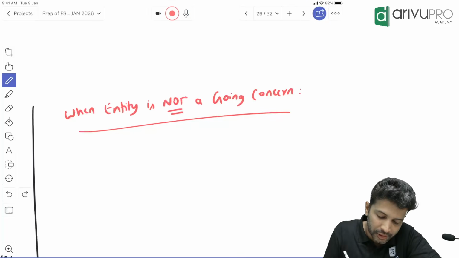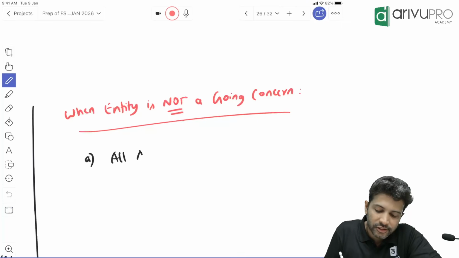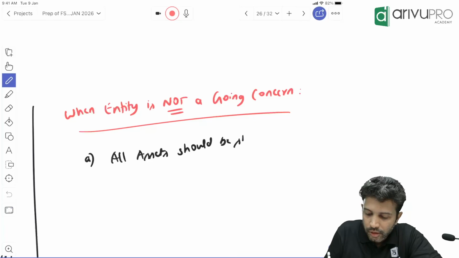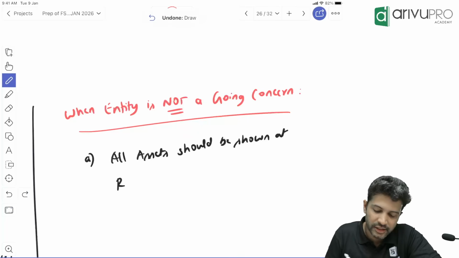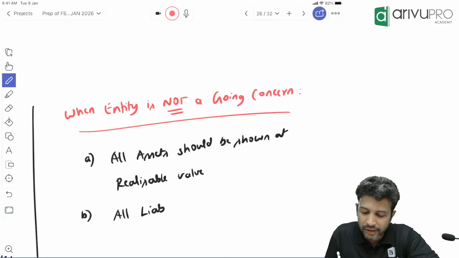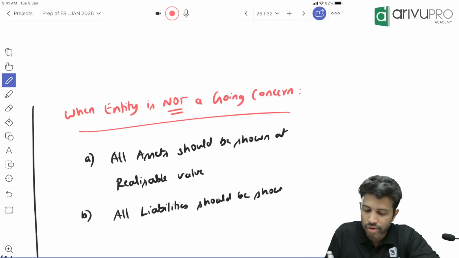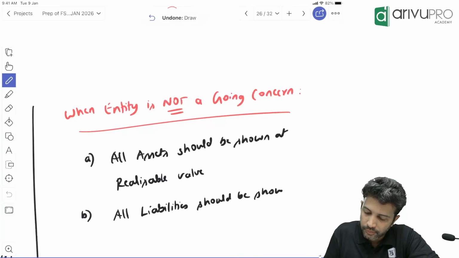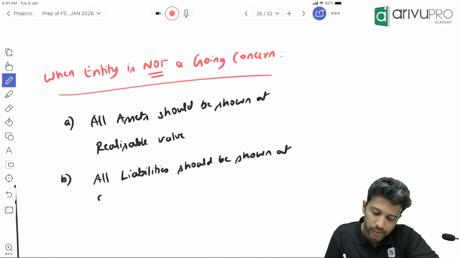If they tell you so in the problem, then all assets should be shown at realizable value. Every asset, it doesn't matter whether it is current or non-current. All liabilities should be shown at settlement value.